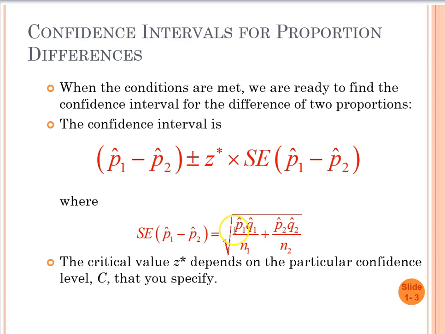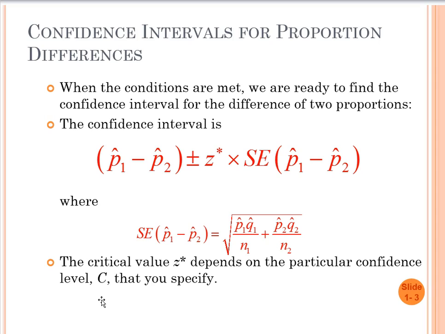So we're using sample 1's p-hat and sample 2's p-hat and still accounting for those sample sizes. The fact that we use a different standard error means that occasionally our conclusions using the z-test versus the confidence interval are actually going to be sometimes different. But for the most part, most of the time, they're going to reach the same conclusion.